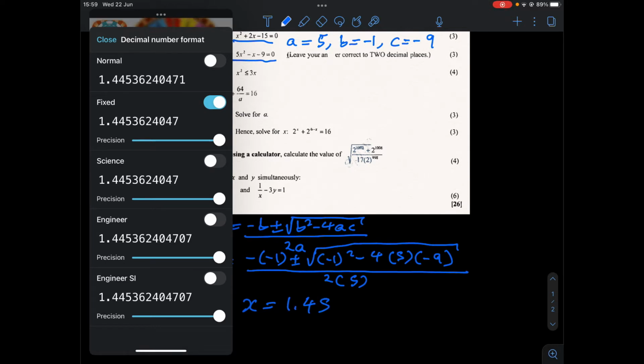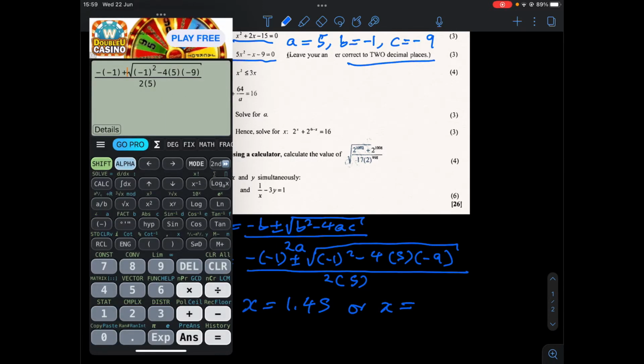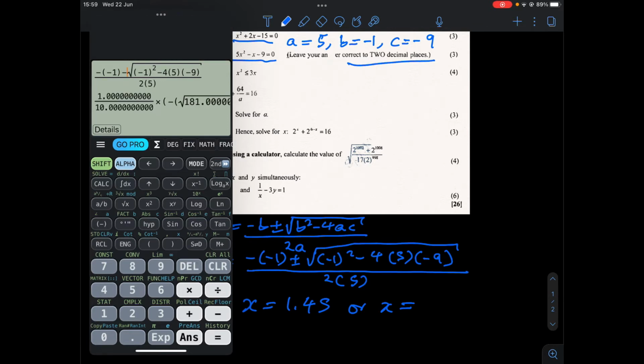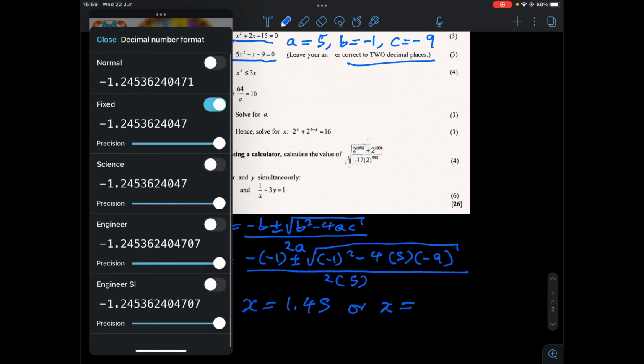Remember, the instructions want us to solve to 2 decimal places, or x equals to, now we're going to check for the minus here, then we get negative 1.25. So we are done with this one.